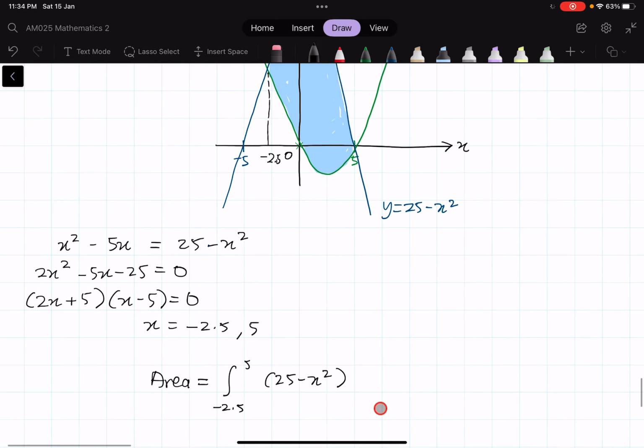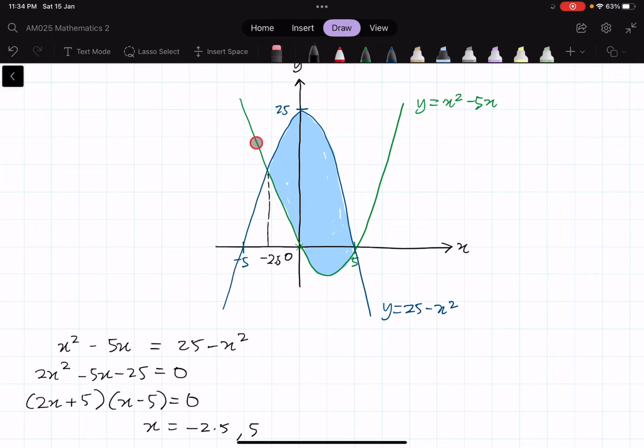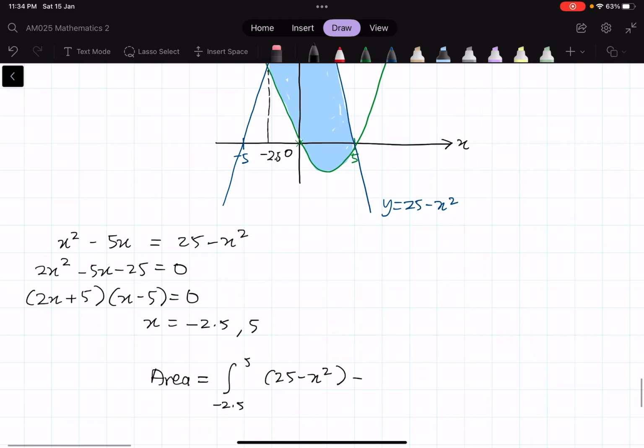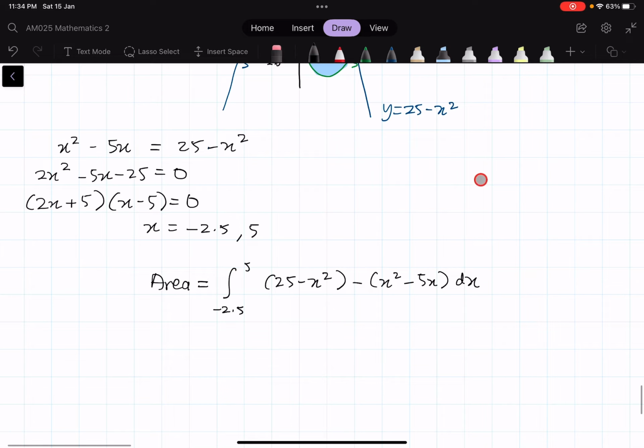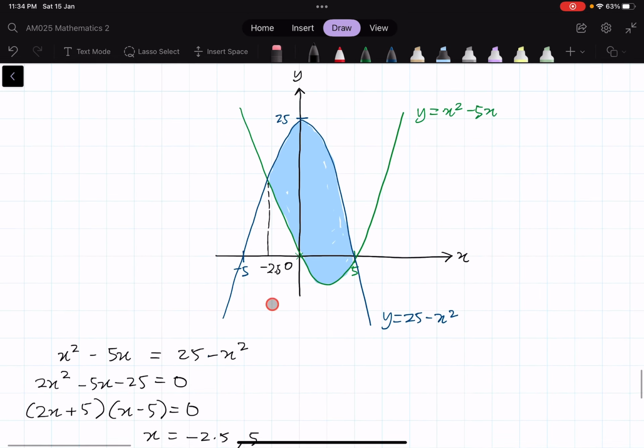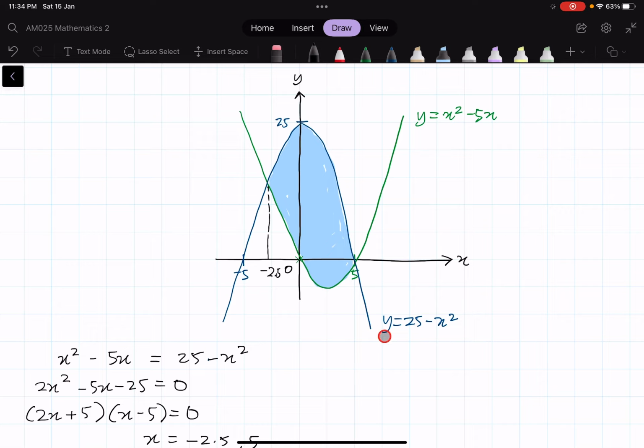And we will subtract the lower curve, because the area under that curve is smaller. So we're going to subtract x squared minus 5x. When we do so, we're going to have a positive area. So make sure we take the upper curve minus the lower curve.